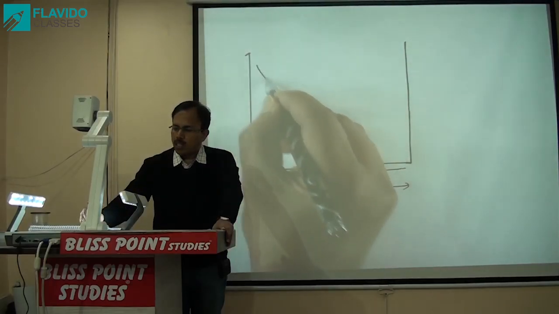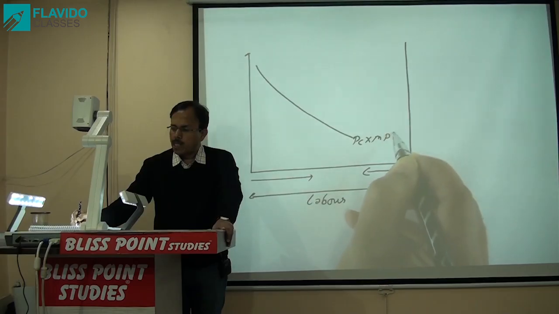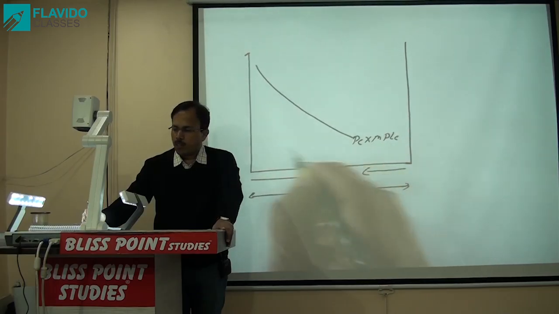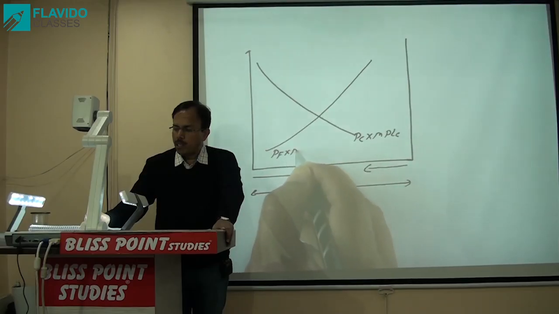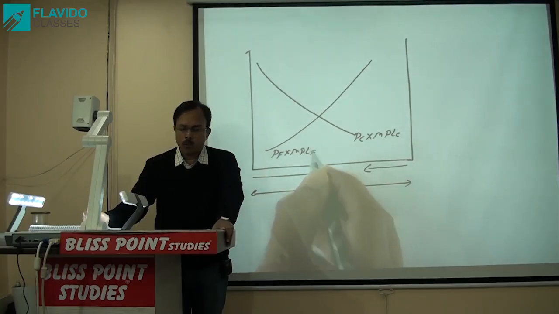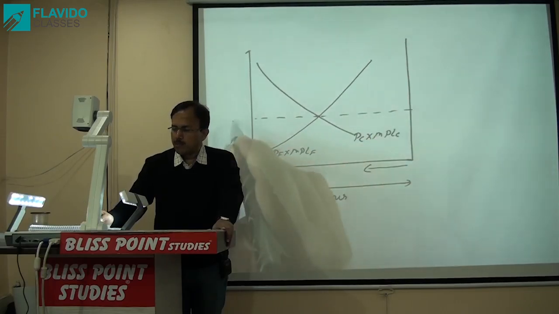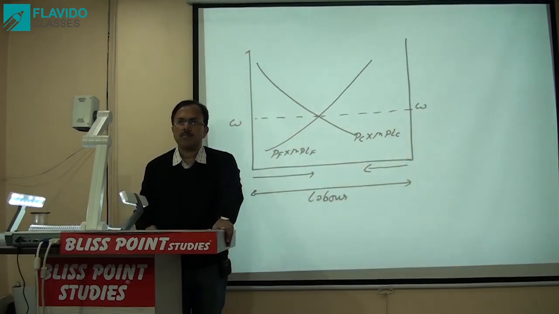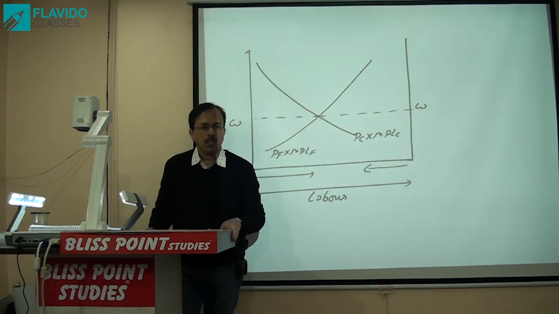This line is price of cloth multiplied by marginal product of labor in cloth, and this is price of food multiplied by marginal productivity of labor in food. Their equality will determine the wage. So we have a certain wage rate. Remember, wages must be the same in both industries, because if not, labor is mobile and can move from one sector to another.